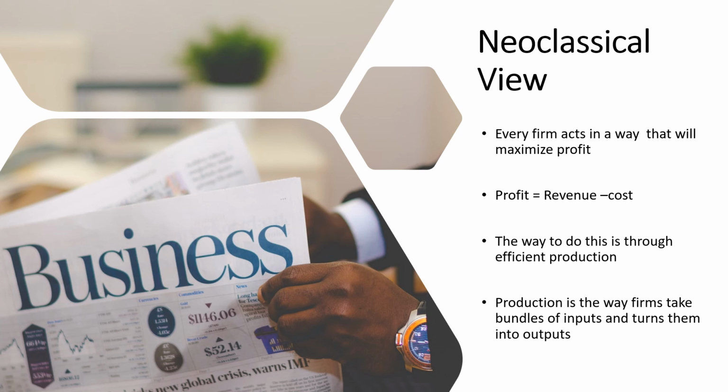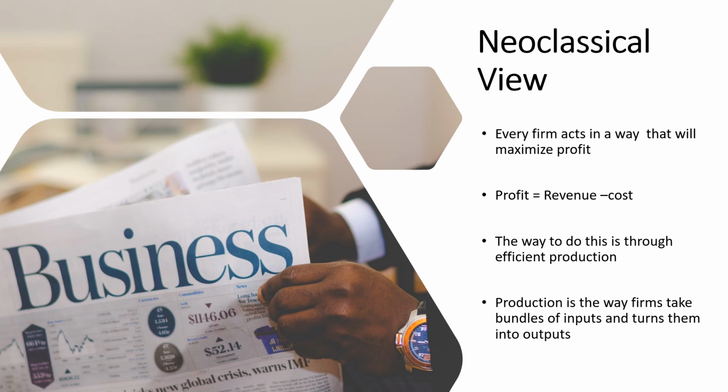So before we go into that, we have to have a look at the neoclassical view of production. And the neoclassical view of production is kind of similar to the neoclassical view of consumption. You'll see some similarities in the fact that it's rather unemotional and very black and white in terms of its approach.